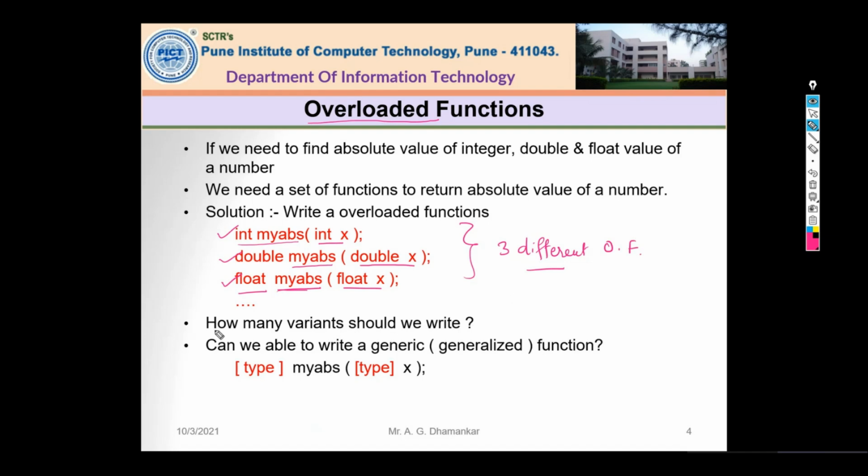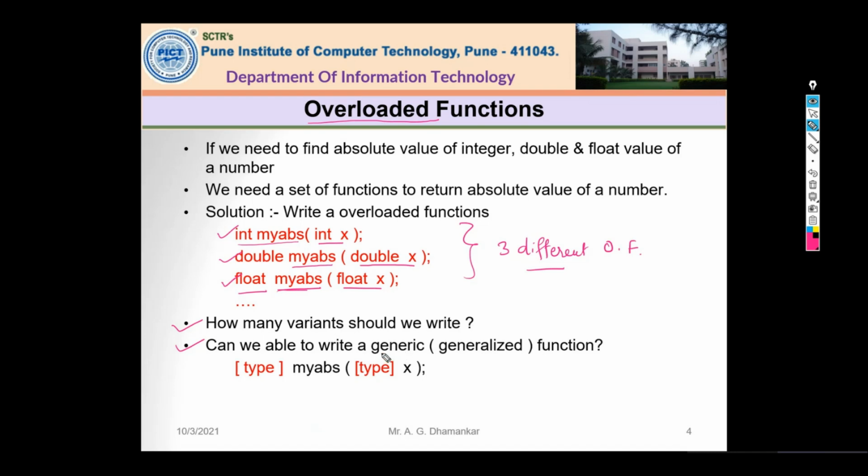Now one can think, how many variants should we have to write, right? Can we have such a facility that we are able to write a generalized function instead of writing three different things?